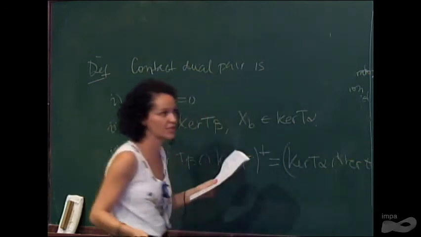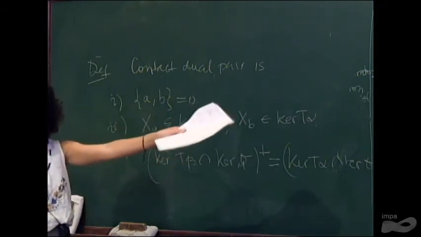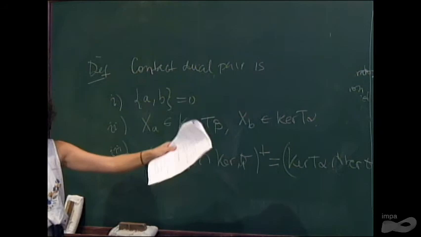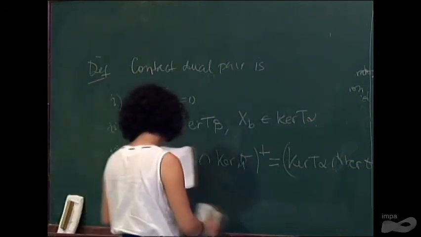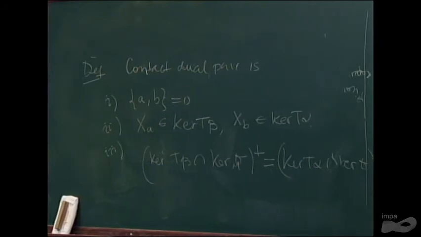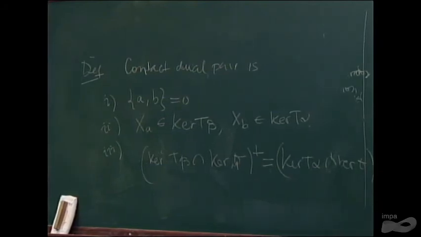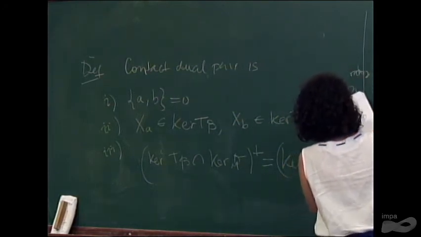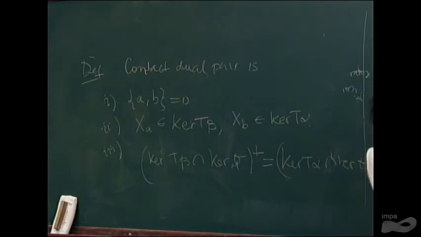Okay, this comes from looking at how you can spell out this condition about centralizing these algebras. You define full dual pairs. So a contact dual pair is full if alpha and beta are submersions.